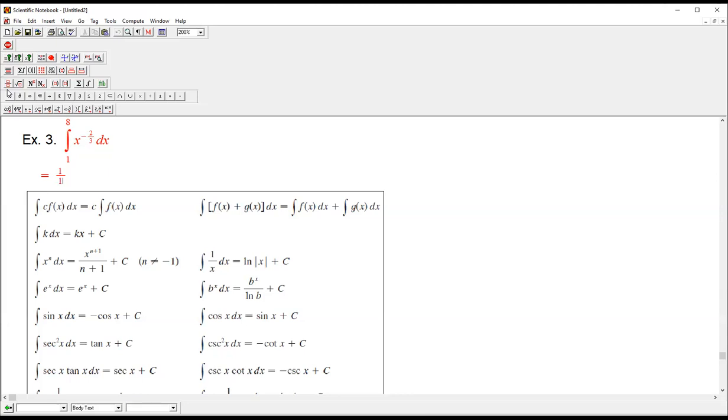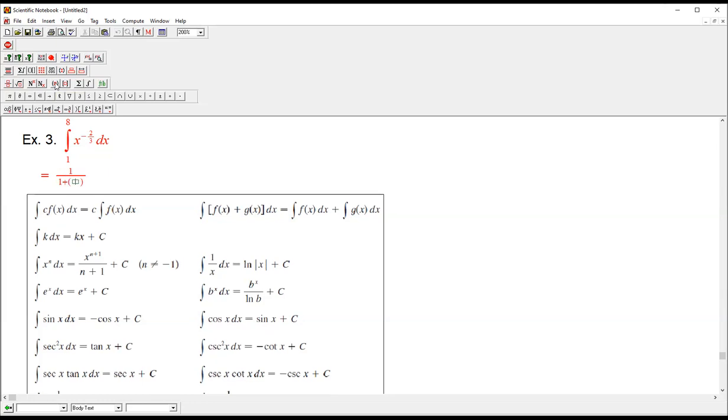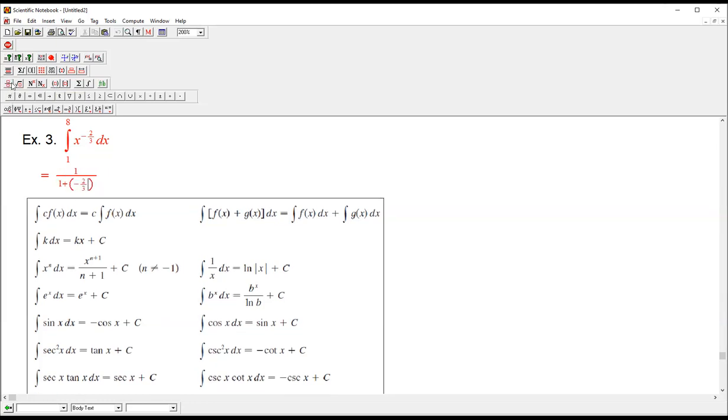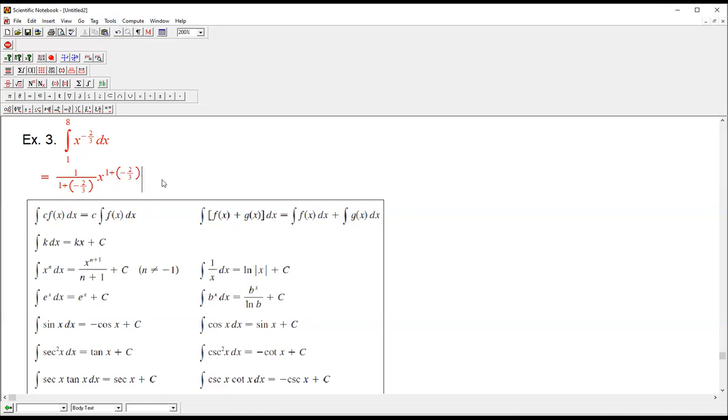So we're going to do n plus 1, which is 1 plus negative 2/3. I'm basically following the power formula, and x raised to the power of the same number. I'm just going to copy and paste.